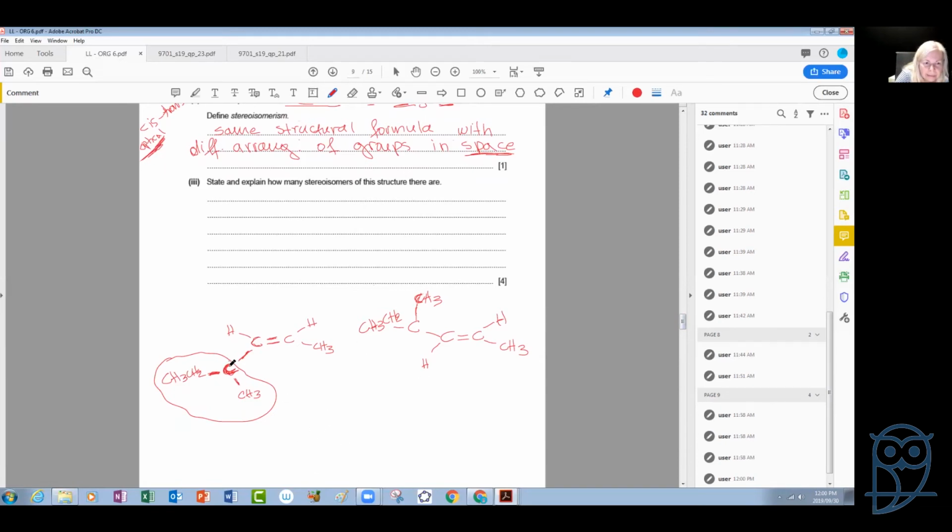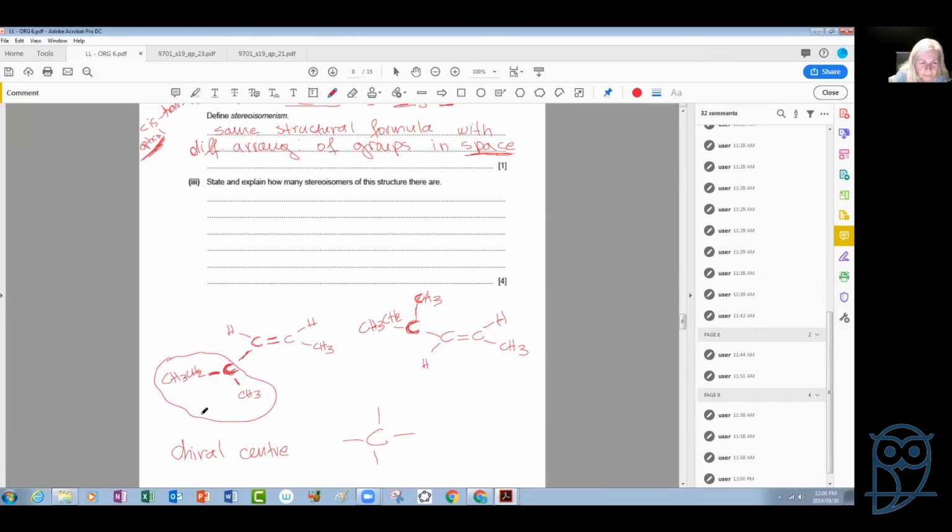Why? Because this carbon, if you notice carefully, is actually a chiral carbon. It's a chiral center. Remember, a chiral center is a carbon that is connected to four different groups. And what are the four different groups?